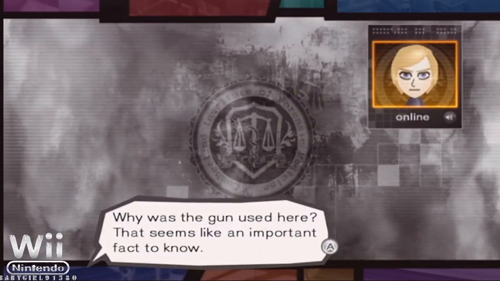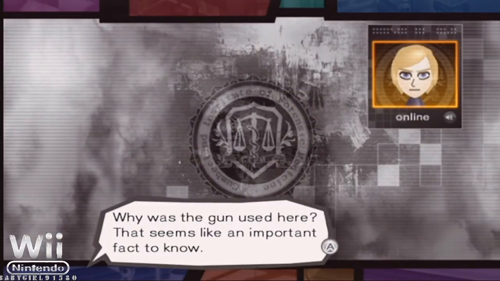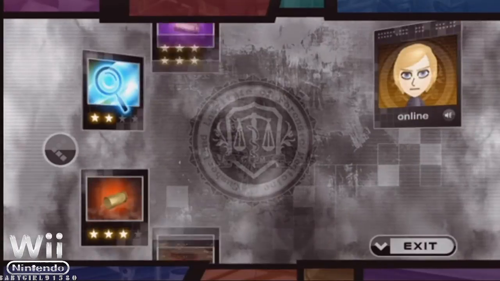Why was the gun used here? That seems like an important fact to know.